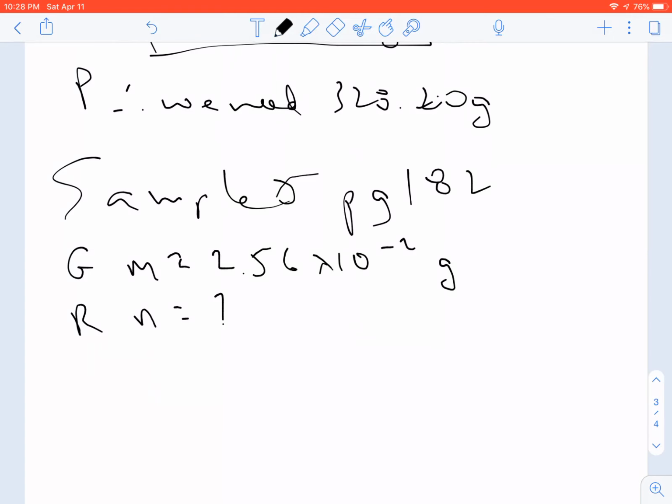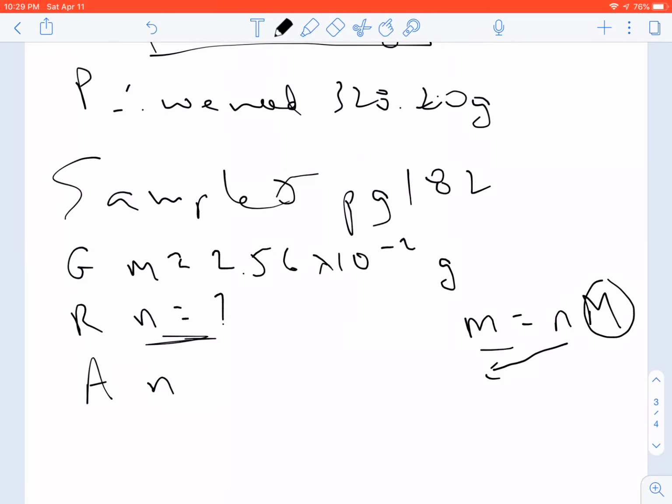Mass equals number of moles times big M. If I want to solve for little n, I need to take the big M from here down to the denominator on this side under the little m. So little n now will be little m over big M. Little n equals mass divided by molar mass. Little m over big M.